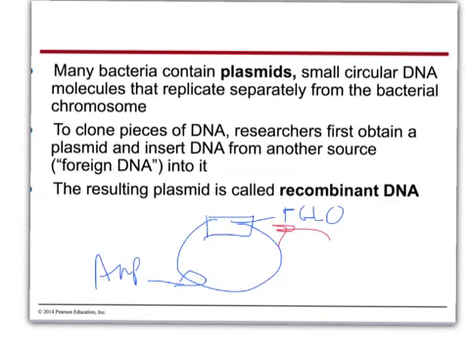So we can move DNA in and out, shuttle it in, and engineer different plasmids for whatever purposes we want to look at, like glowing bacteria. This is called recombinant DNA. Why is it recombinant?